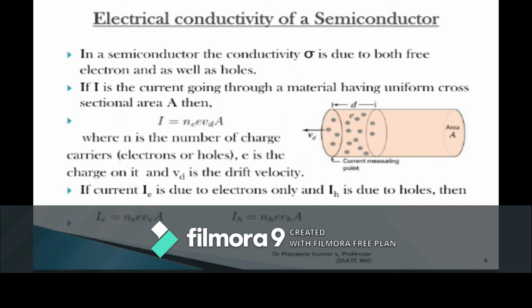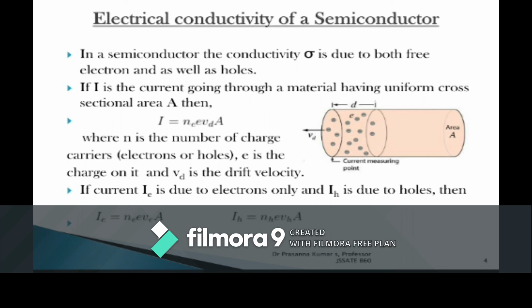If you consider only the electrons, then I_e = n_e e v_e A. n_e refers to the number of electrons, e is the charge on it, v_e refers to the velocity of the electron, and A is the cross-sectional area. Similarly, current due to the holes I_h is given by n_h e v_h A.